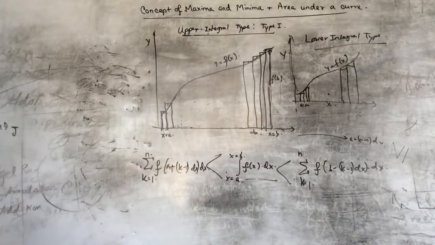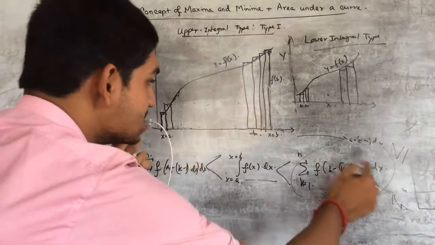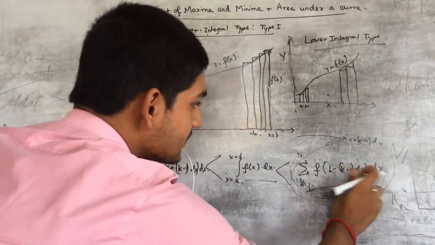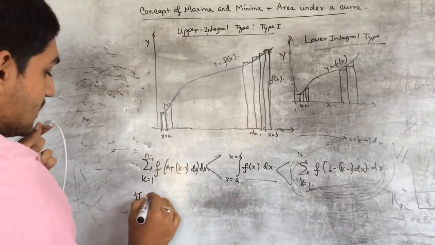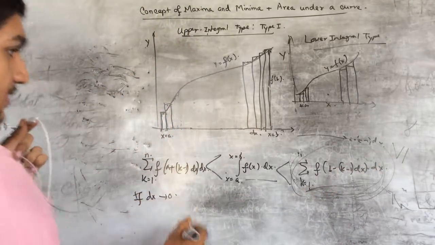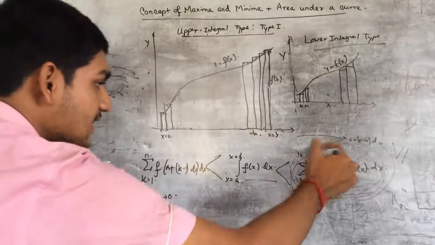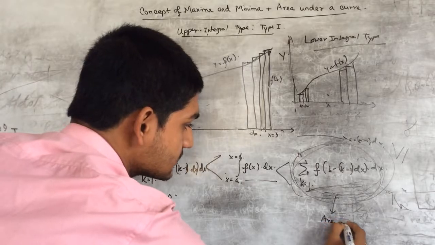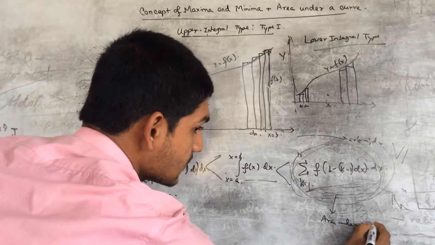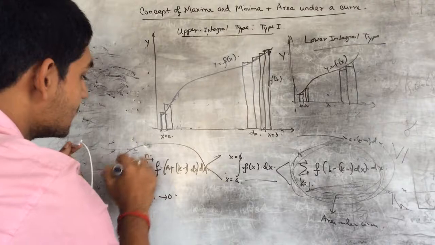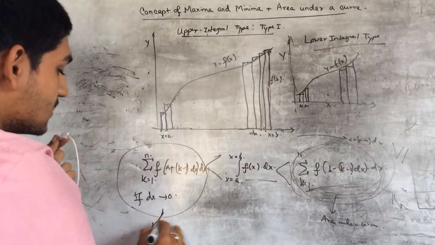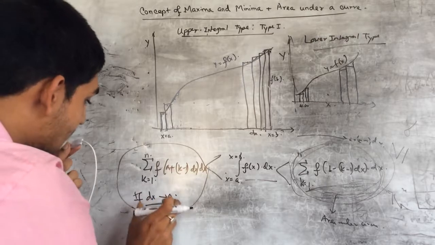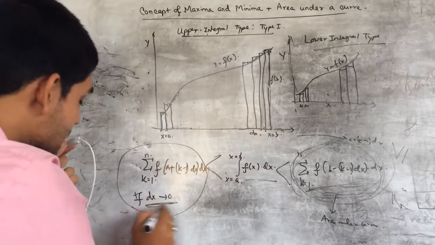Okay, so you see that by the squeeze theorem, if delta x tends to 0, then this gives us the area under the curve. This area is also approximate, as the error will decrease as much as you decrease dx.